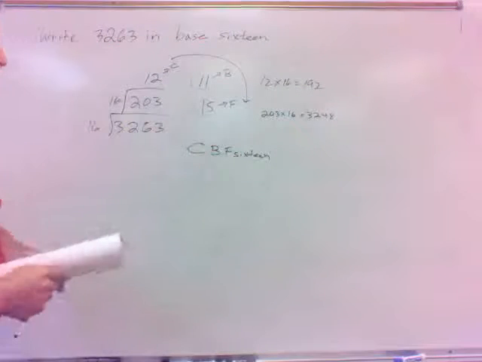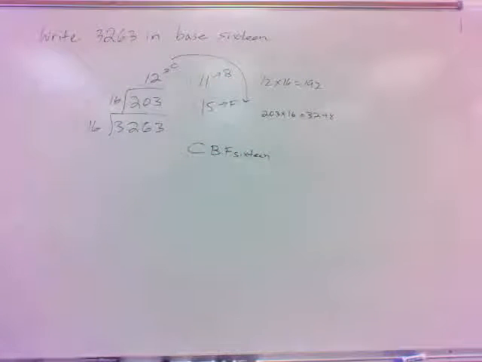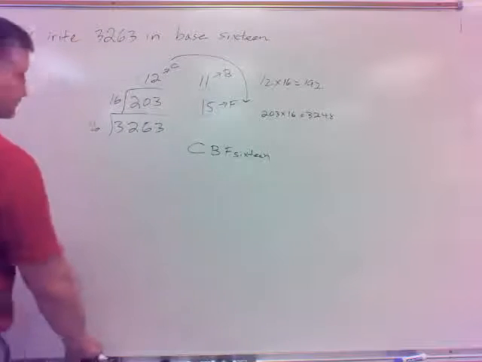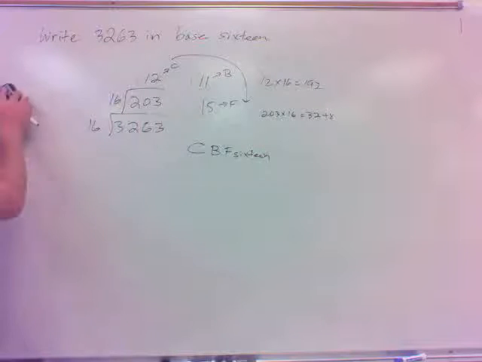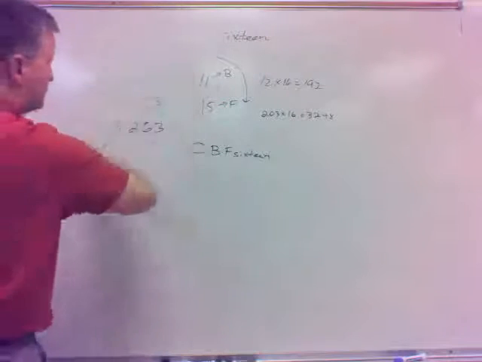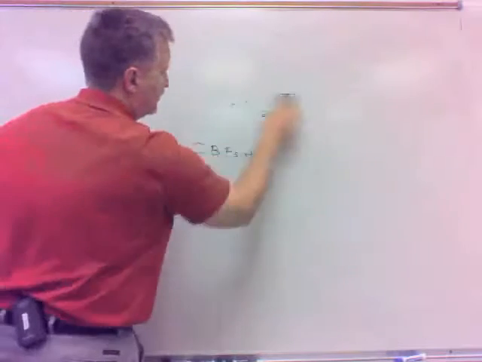Now, I saved this one for last because it's sort of a little confusing at first anyway. But let's think about this process just a hair more. We count when we're learning our numbers. We count a lot when we do that. 1, 2, 3, 4, 5, 6, 7, 8, 9, 10, 11, 12.